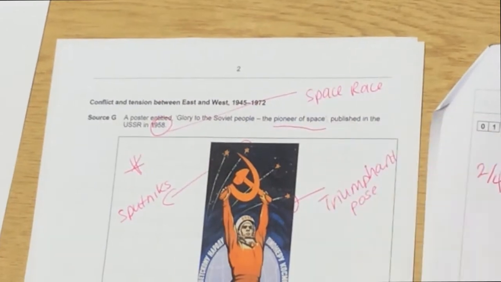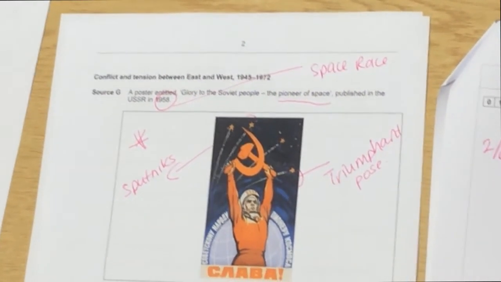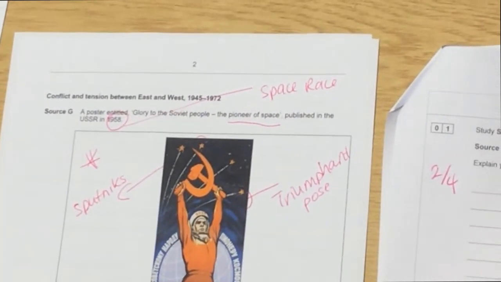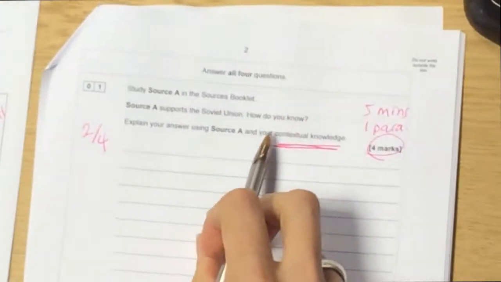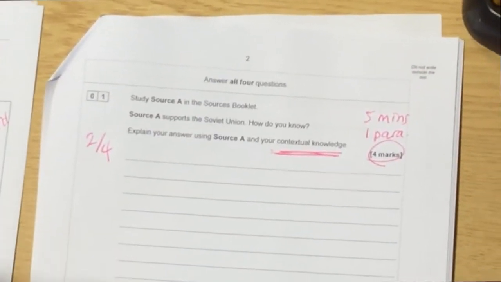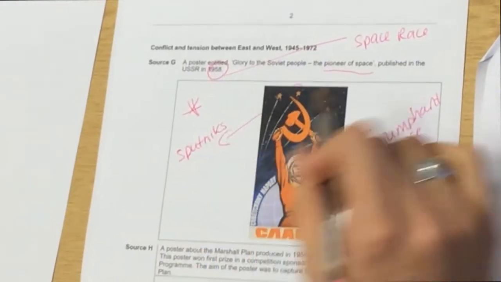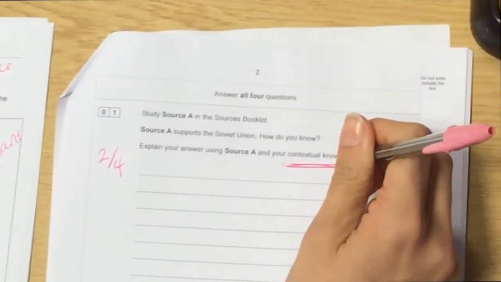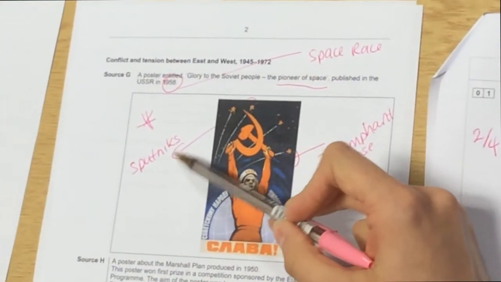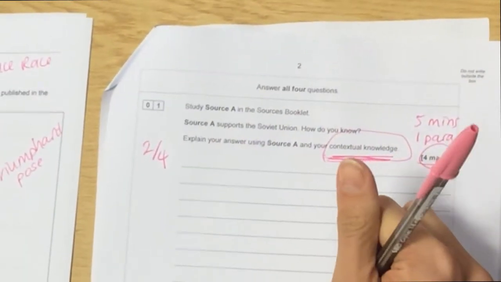So those are 3 points that could help in answering this question about the Soviet Union. There's nothing there that tells you space race, so by commenting on the date, that is using your own contextual knowledge. Also, by picking up on these stars with Sputnik, again, that is using your contextual knowledge.